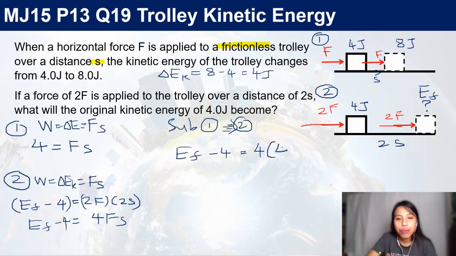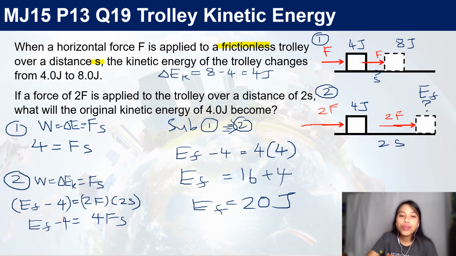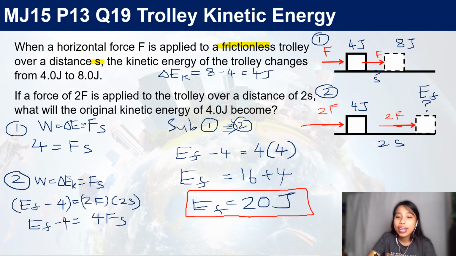FS is 4 from the first equation. I like this. So the final kinetic energy will then be 16 plus 4, which is 20 joules of energy. So from here we know, based on a bunch of algebraic stuff, that at the end of the second scenario, you're going to have 20 joules of energy because of a double force going a double distance.